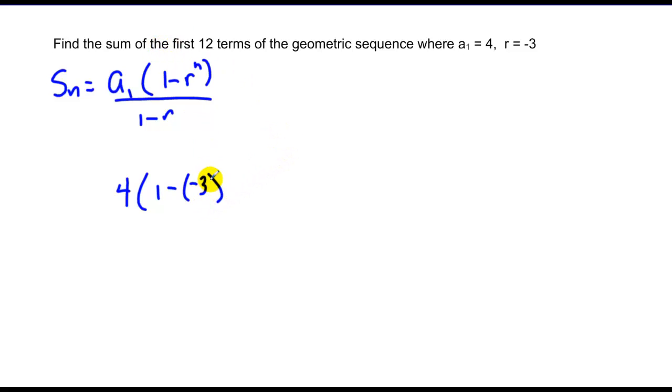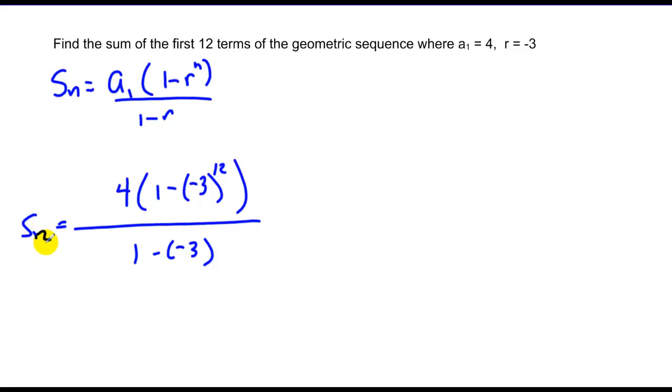How many terms do I have? 12, over 1 minus that ratio. And this is just a plug and chug problem. So it becomes calculator oriented, and I get a sum of -531,440.